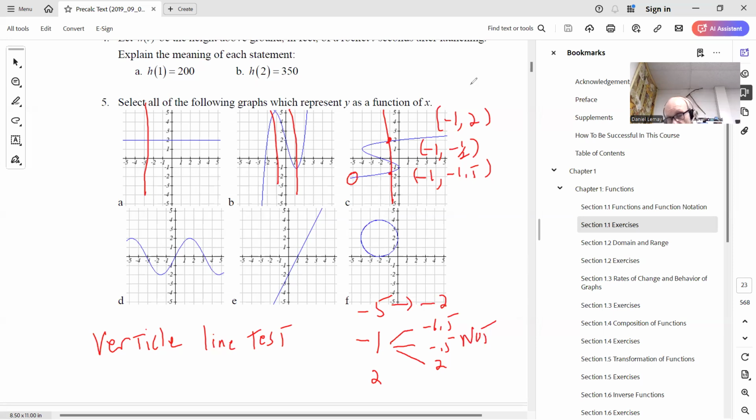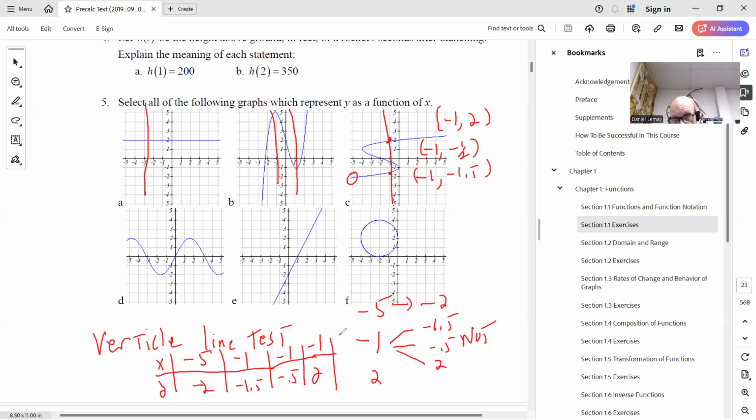Okay, and you can tell this from a table of values too. If they give us a table of values, they'll have x and y. I know you weren't asking about tables and mapping diagrams, but since it goes along with this, I would do -5, I get -2, and then I would do -1, and -1 could be -1.5, and -1 could be -0.5, and then -1 could be 2.